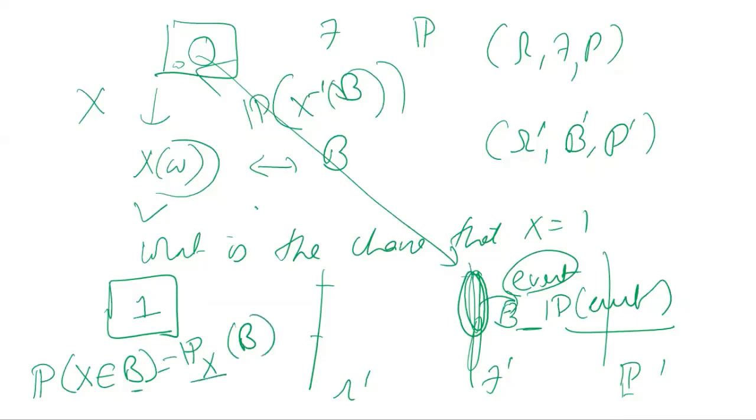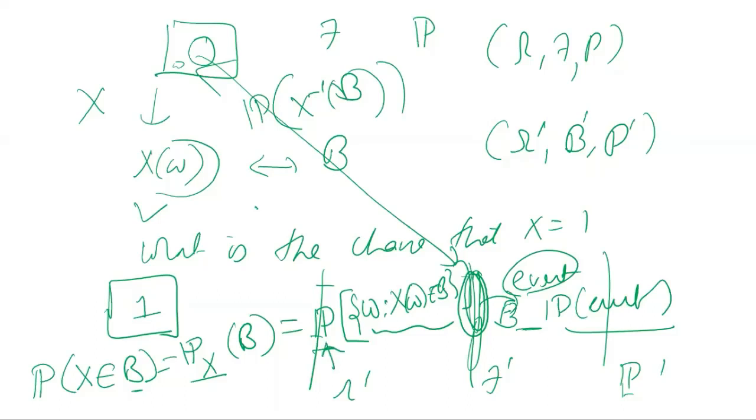P_X is the new probability measure on B, which says the size of B, and this size is the probability the event has occurred. One way to say this also is the probability of all the set of omega such that X(omega) is in B. This is the pre-image, on the original probability measure.